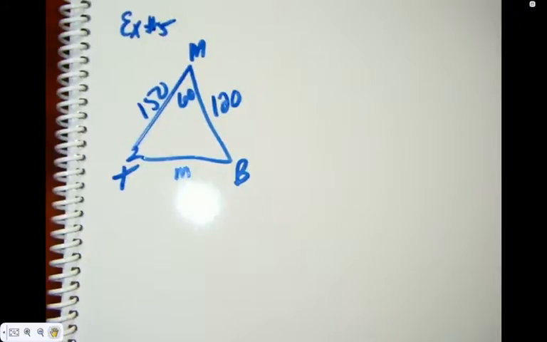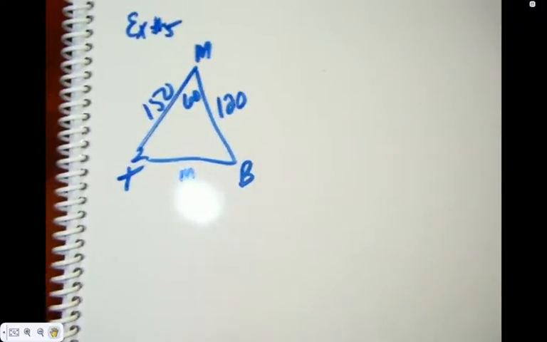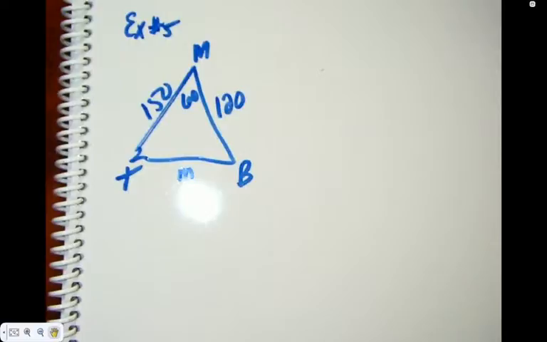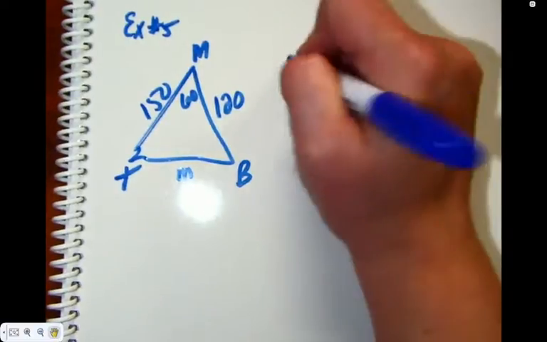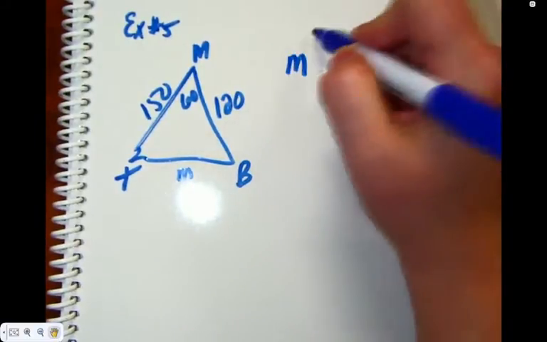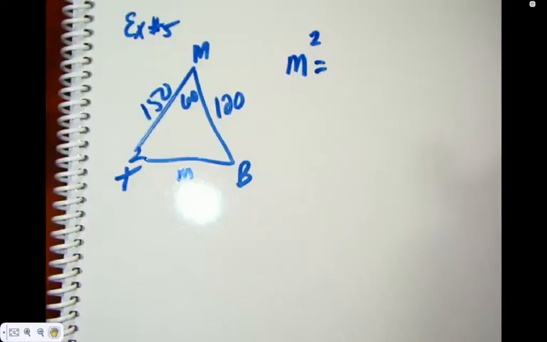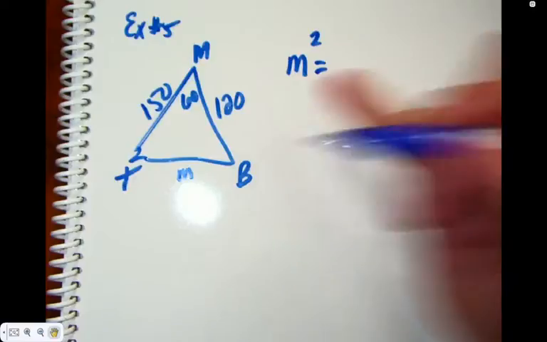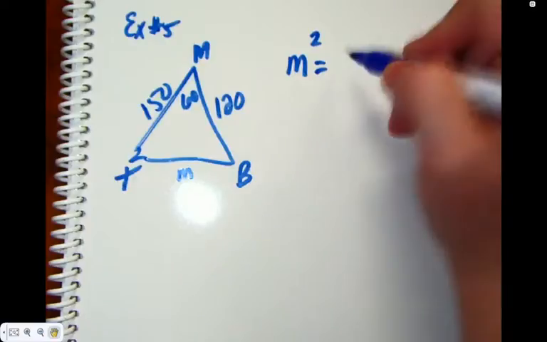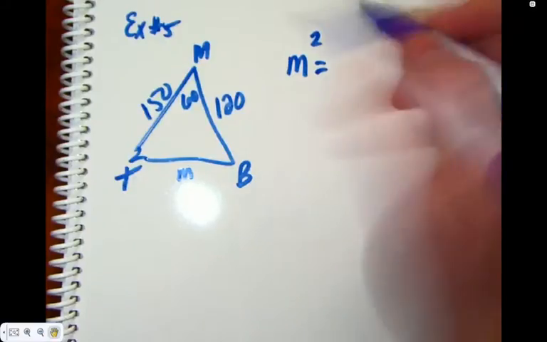Not that good. Okay, we need a formula. We're finding a side or finding an angle. Okay, so what's it going to start with? So if we start with m, what do we start with on the right? Well, I'm going to do variables first, and then we'll plug in.